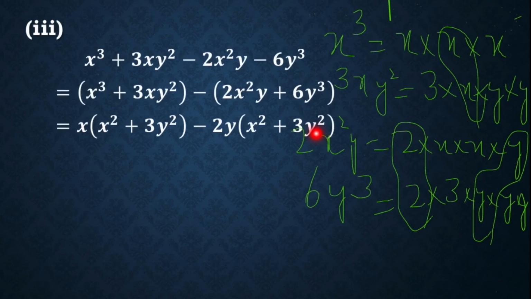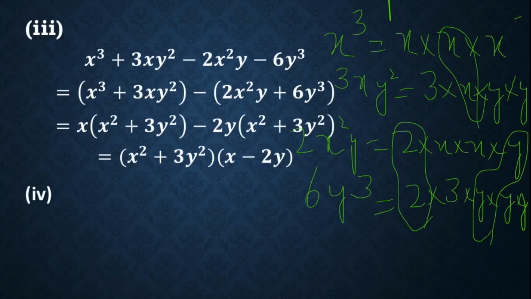Again observe that we have a common factor x square plus 3y square in both. So we will take common x square plus 3y square from both the terms. The common factor is written here. We will be left with x minus 2y. Now these two are the factors of this expression.